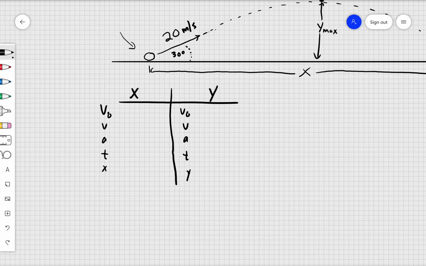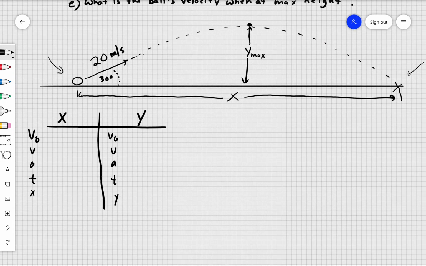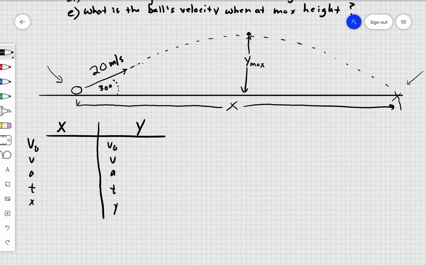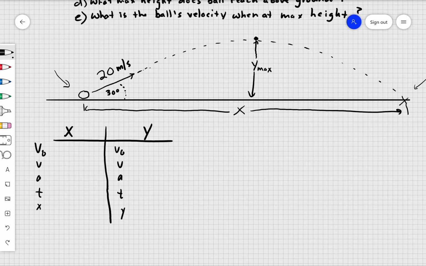Now let's see what givens we can fill in here. From the time it is launched until the time it lands, the initial x velocity is not going to change.